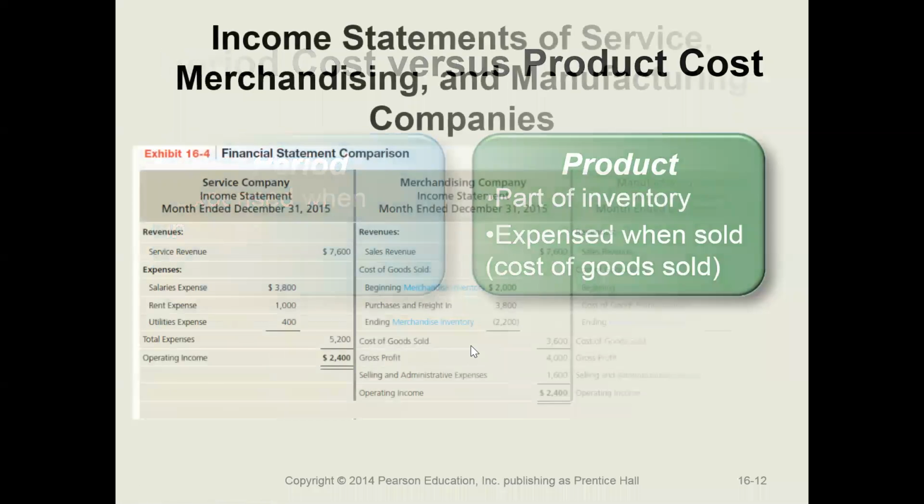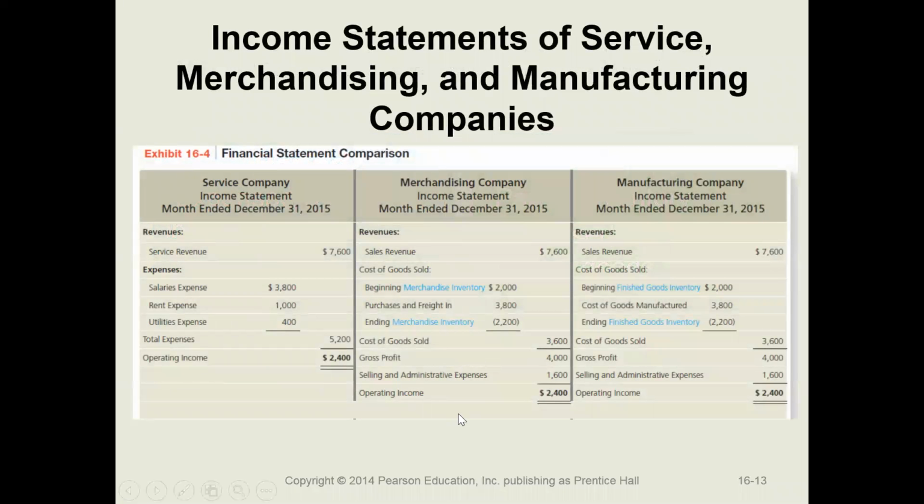Okay. You can see the income statements for the three different types of companies: service company, merchandising, manufacturing. Notice that the merchandising company has merchandise inventory. That's the stuff they sell. Notice service companies don't have any inventory because they don't have stuff that they sell.